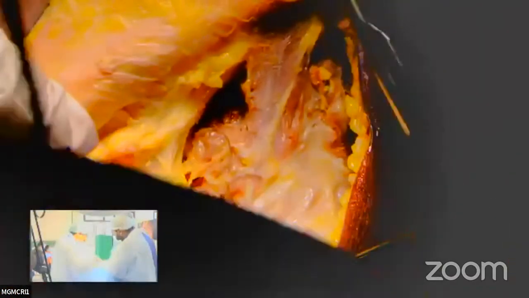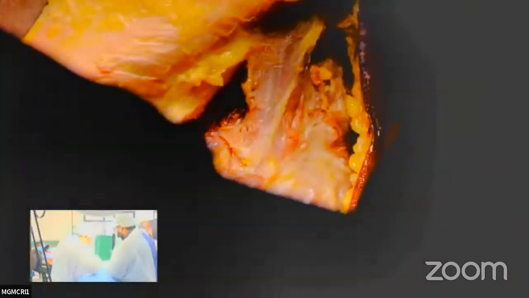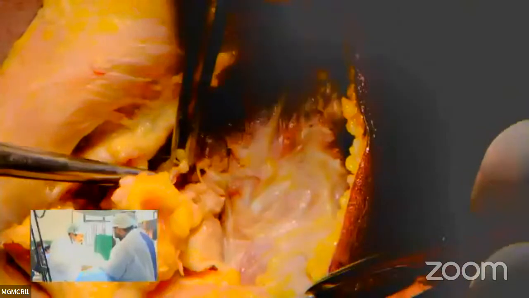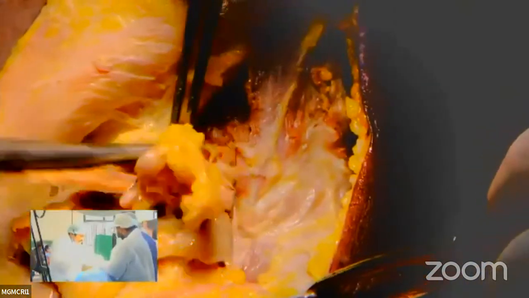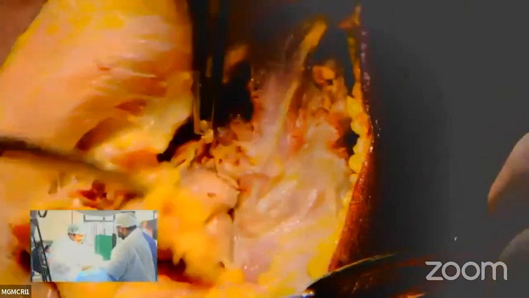Once he retracts the mylohyoid, then we will see the structures below the mylohyoid. So this is the vessel which I was talking to you on. This vessel is the one which we use for submental artery, submental flap. And normally in neck dissection, we sacrifice it.